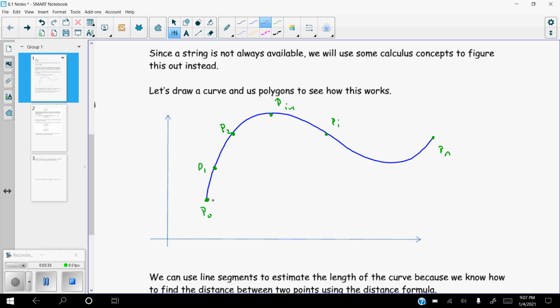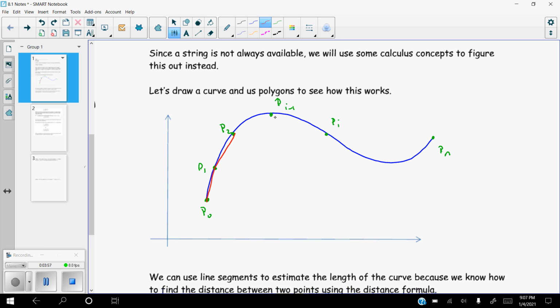I can measure the distance between P sub 0 and P sub 1. That was not very straight. Something more like that. But what you'll see is it doesn't exactly match the curve. I could also measure the distance between P sub 1 and P sub 2. Then I can measure the distance between P sub 2 and P sub i minus 1, and so on.